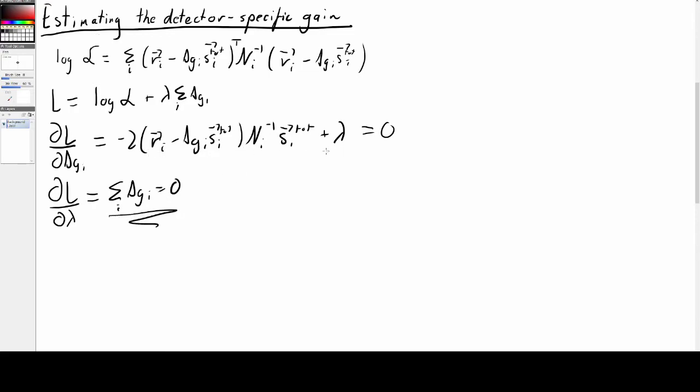And cleaning up this equation a little, we get delta g_i times s_i^tot transposed. Yeah, sorry, this is supposed to be transposed. Times s^tot plus lambda halves equals, and we get this r.